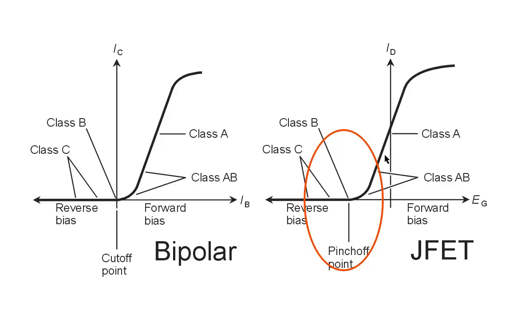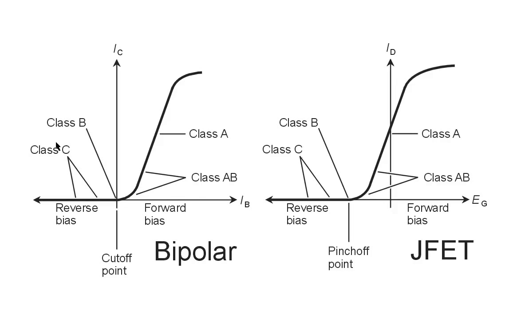The further we go down this curve at the bias point, the greater the amount of distortion we will see in the output waveform. So, in fact, if we were not to drive this device sufficiently, we wouldn't get any output at all in Class C operation. So those are the basic characteristics of Class A, Class AB1 and AB2, Class B, and Class C amplifier operation.